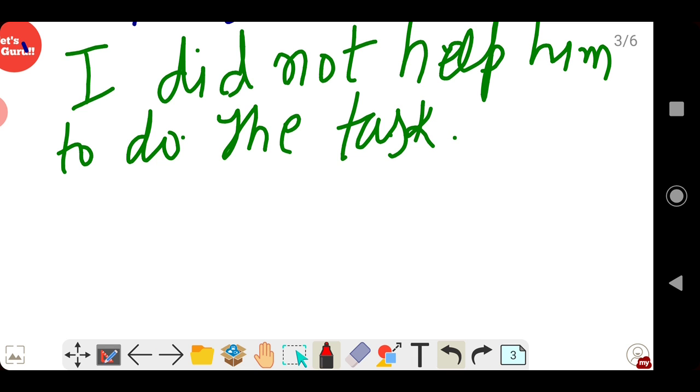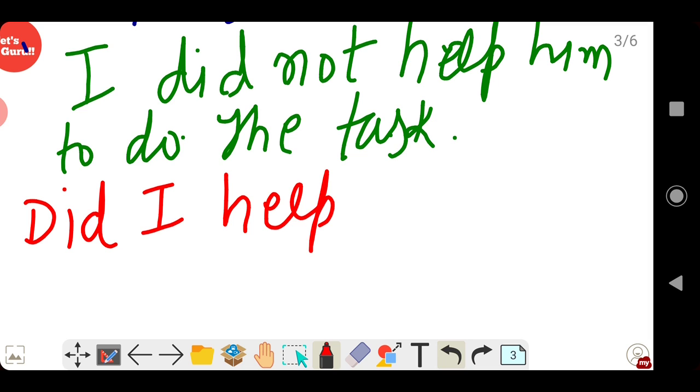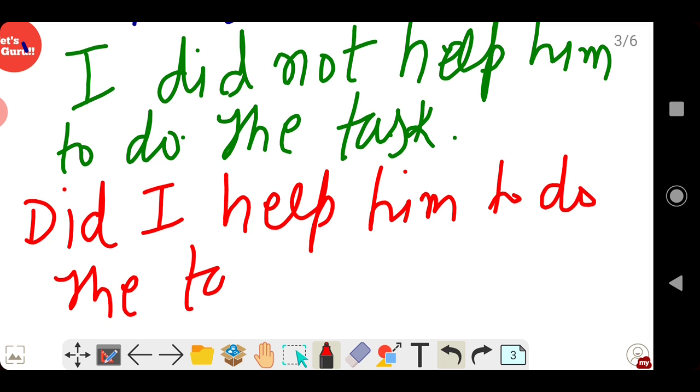It could be did, and because we are writing the first word, it is always capital in English. Did I help? And remember, in interrogative sentences we always use the verb's first form. Did I help him to do the task? Very easy. And the question mark, because this is a question.